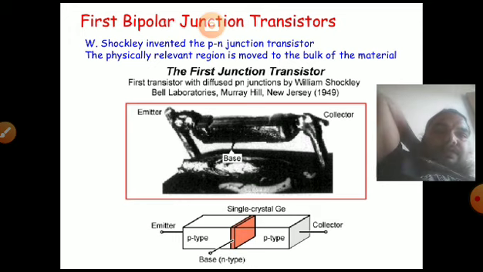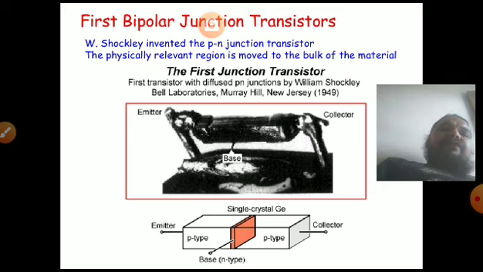The first transistor with a diffused PN junction was made by William Shockley at Bell Laboratories, Murray Hill, New Jersey, in 1949.